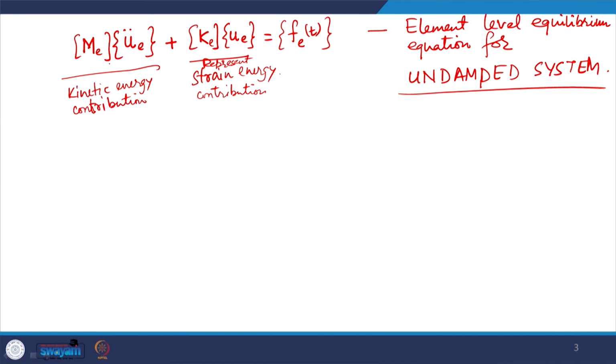This represents the strain potential energy storage mechanism, and this second term, the dynamic term, represents the kinetic energy storage mechanism, and energy keeps on transforming between kinetic energy and potential energy and vice versa. And this happens in this particular system with 100% efficiency, because there is no dissipative mechanism that has been modeled in this equation.